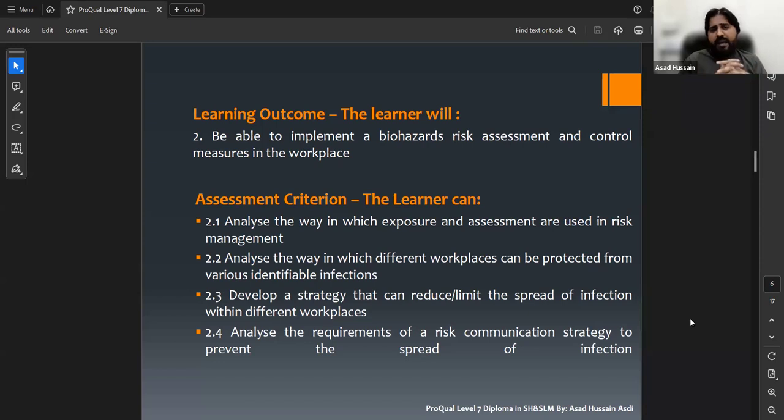So here, what type of evidence can you provide? You can provide a very good risk assessment, basically not a generic one, a specific risk assessment along with the control measures.